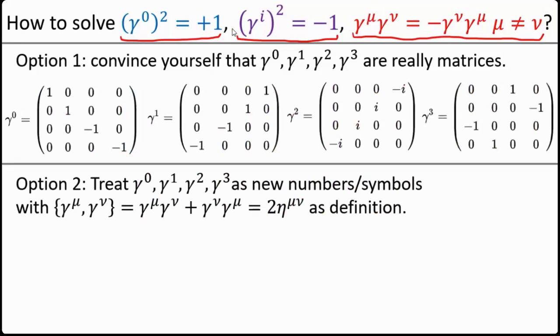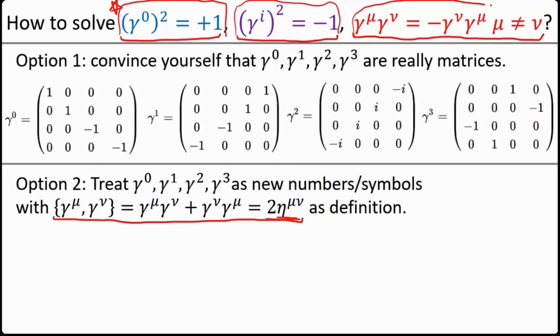But again, option number 2 is to just treat them as their own symbols, their own numbers, and then they satisfy this summary of these 3 things here: if we anti-commute a symbol with itself, we get 2 times either +1 or -1, and if we anti-commute different symbols, then we get 0, because anti-commuting means they're equal to the negative of themselves when you switch the order.